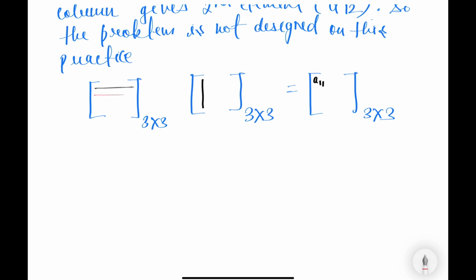First row multiplied with second column gives the A12 element. So the problem is not designed on this practice.